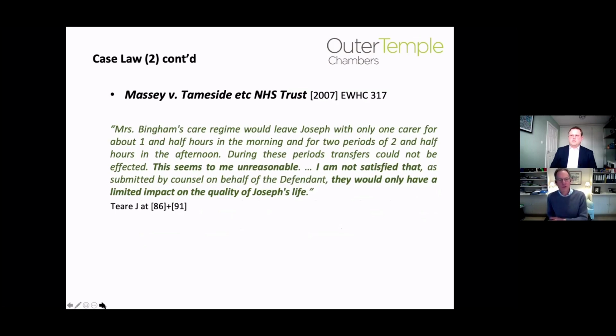As he refers to the care regime that Mrs. Bingham, who was the defendant's care expert, advanced, and the fact that there will be periods when transfers couldn't be effected, the judge thought that was unreasonable, and that he was not satisfied that, as submitted by the defendant's counsel, they would only have a limited impact on the quality of Joseph's life. So where the restriction would have a significant impact on the quality of life, one can expect a judge to be favourable to a claimant.